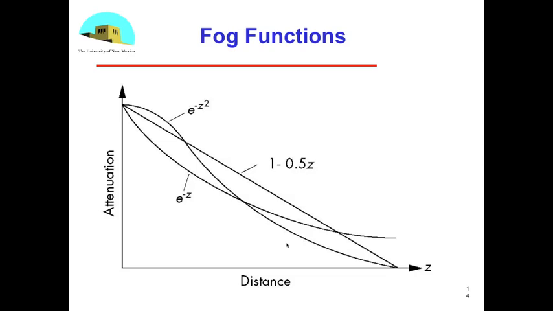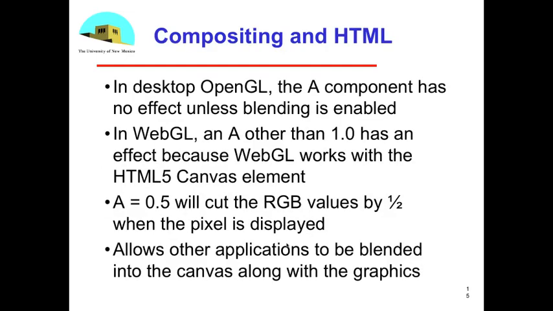Okay, now the remark I made a few minutes ago about compositing in HTML. This is somewhat different than what is done in desktop OpenGL. In desktop OpenGL, if you don't enable blending, it doesn't matter what you do with the A values. They're just not going to be used. It turns out in WebGL, and I was tricked by this at first, that if you set A to something other than 1, it does matter.